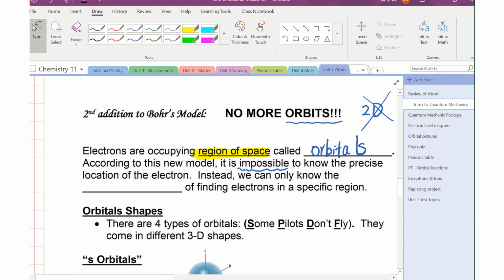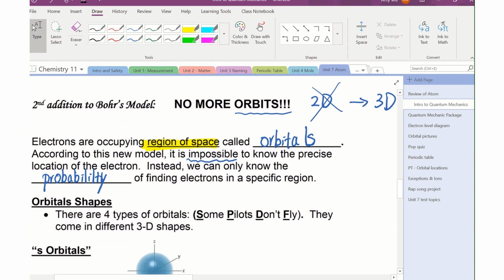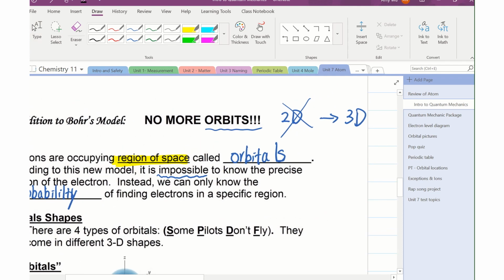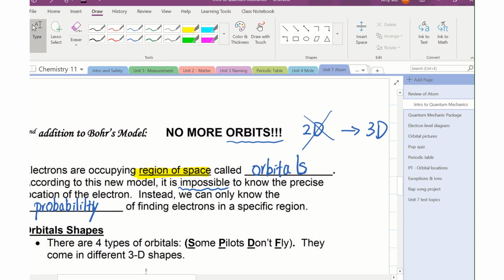Instead, we can only know the probabilities of finding the electrons in a certain specific region. That's why Schrodinger has all those complicated equations. Those equations are used to calculate the probabilities of where you can find those electrons. Again, this is very important because this is the model that we'll be using. It's no longer 2D, it's 3D.